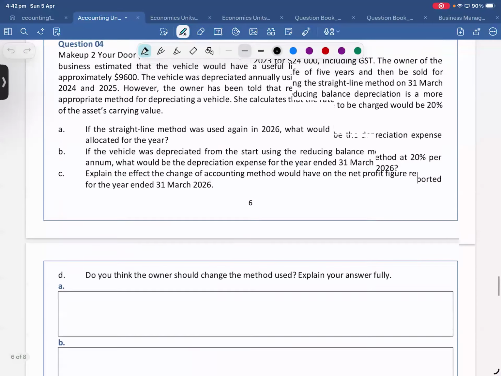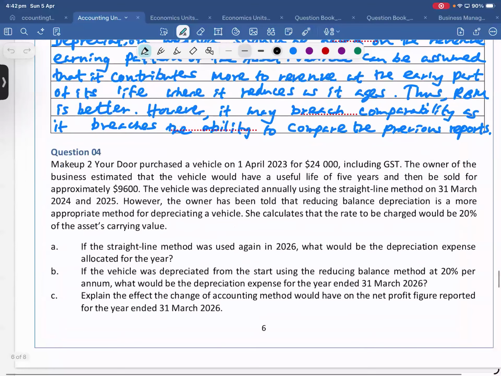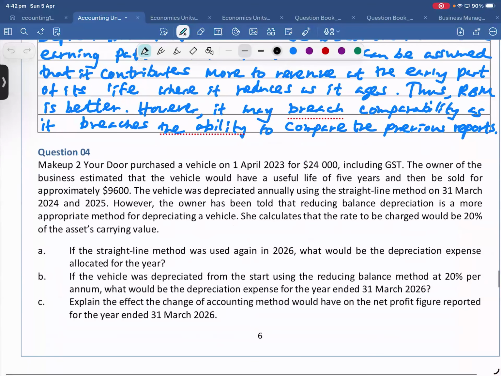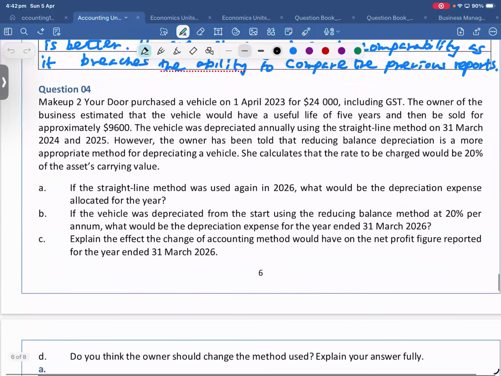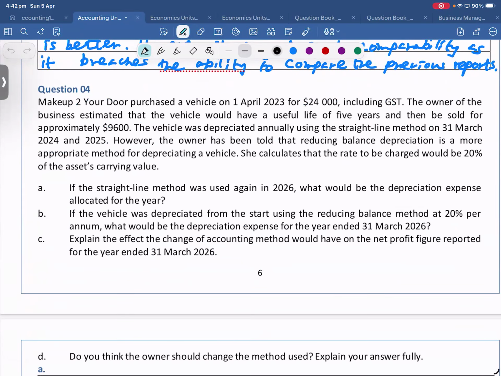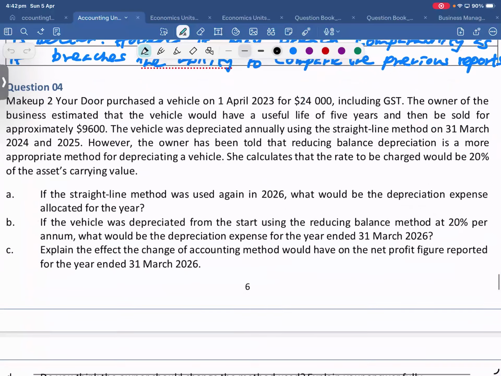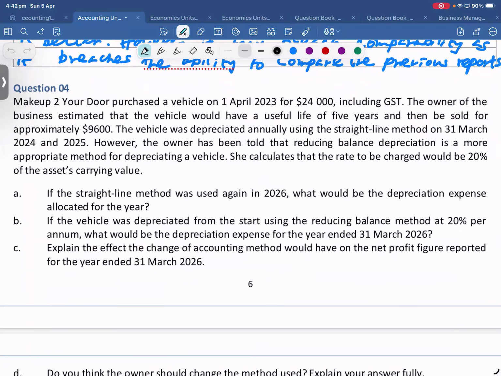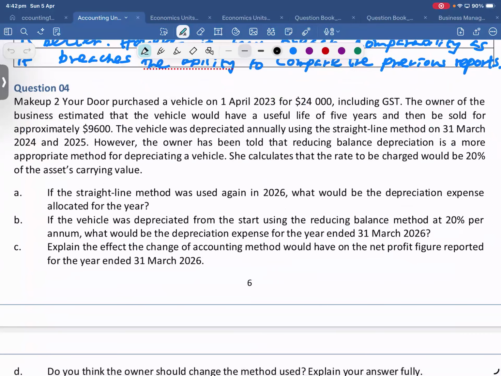Really, yeah. So I think some people had questions with this one, yes? Some of you asked me questions about question number 4. Okay, so how did you get the cost of this non-current asset?